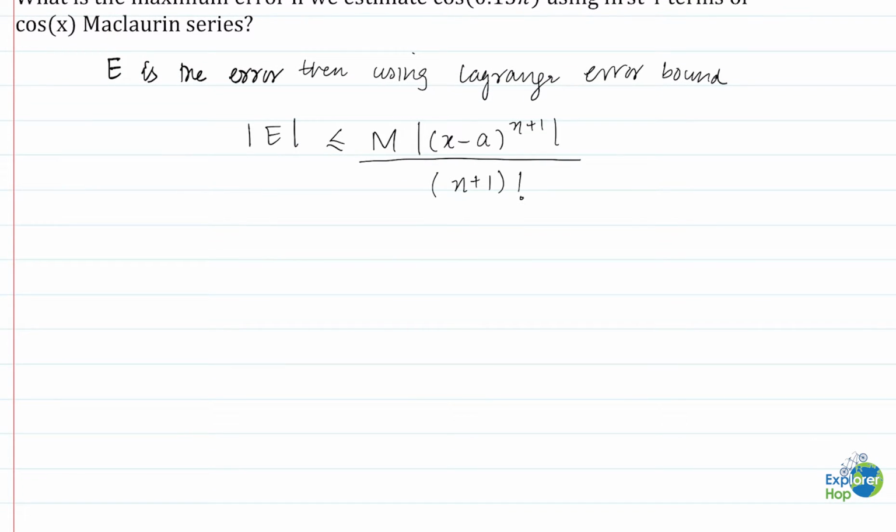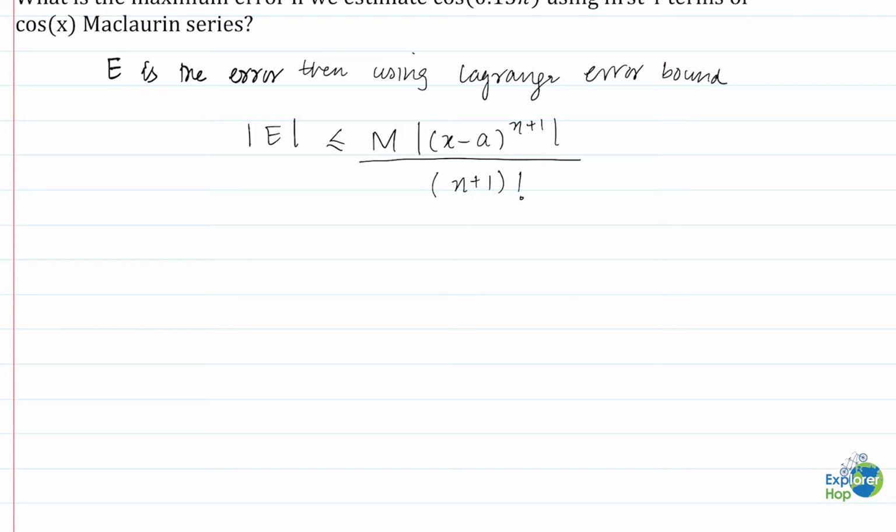In this case, first of all, x is the value which we are trying to find out, which is 0.15 pi. A is where the series has been centered, which in the case of the Maclaurin series is always 0, because we know the Maclaurin series is the Taylor series centered at x equals 0.